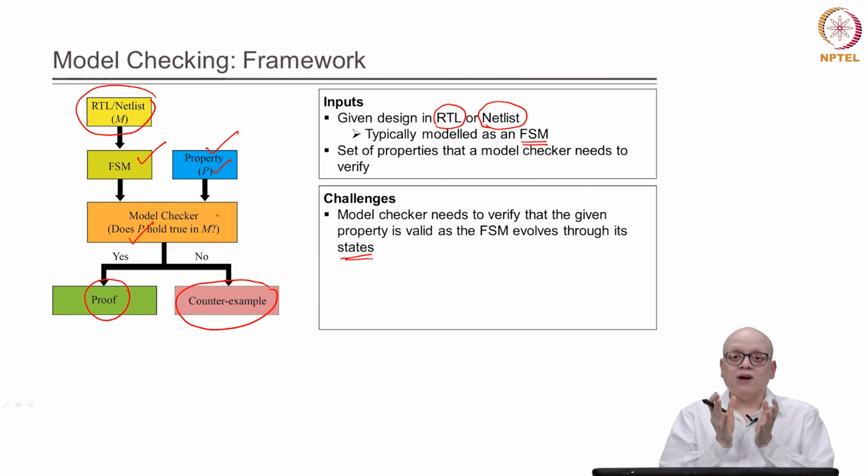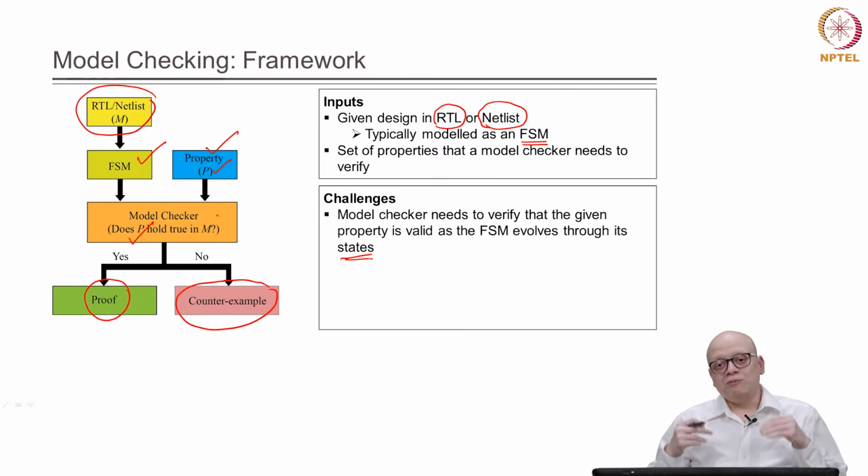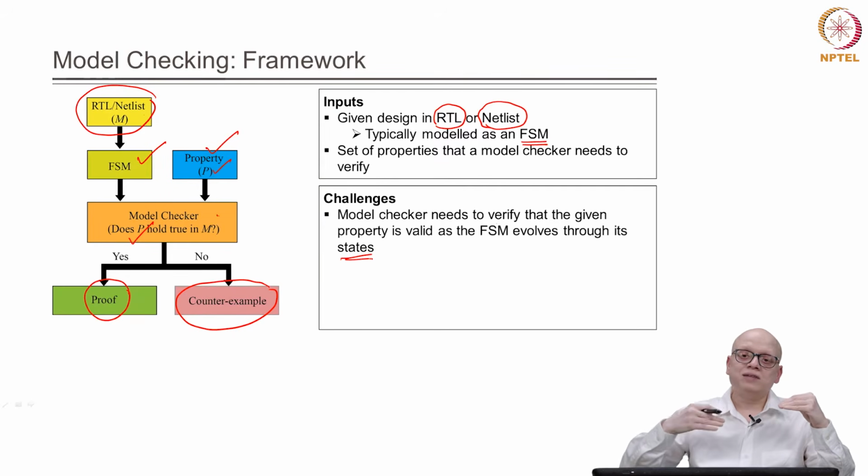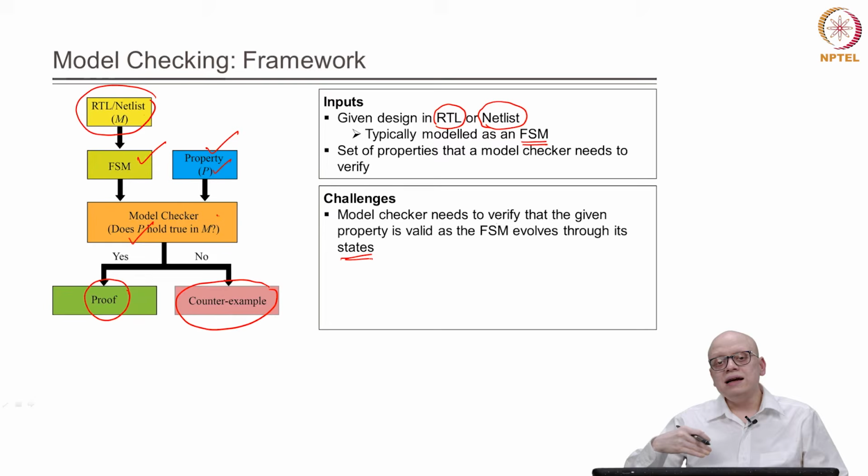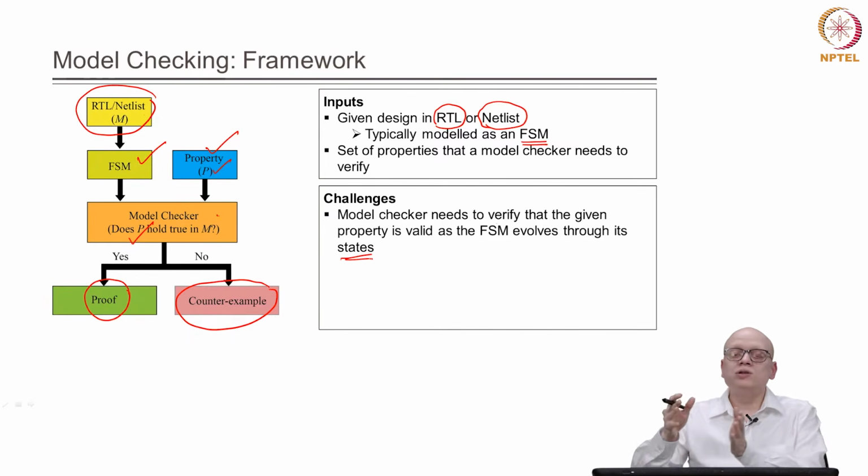Now, finite state machines have lots of states in them, and as we give input, based on the input and the current state, the finite state machine goes to the next state, and it moves through various states during its execution.